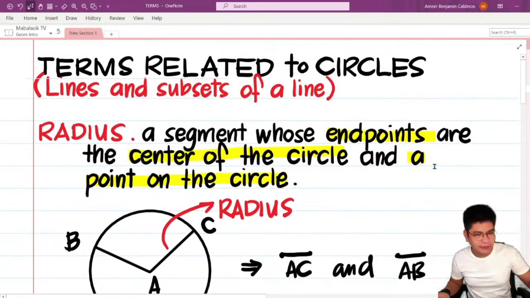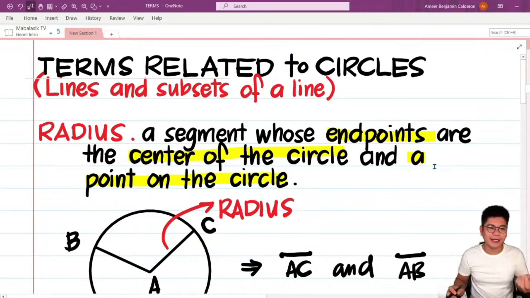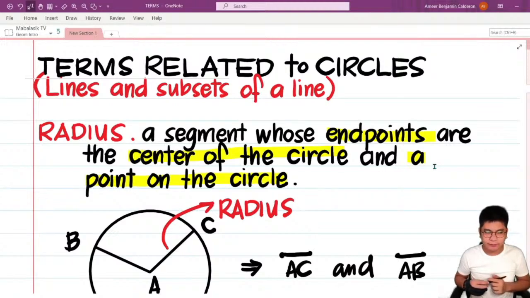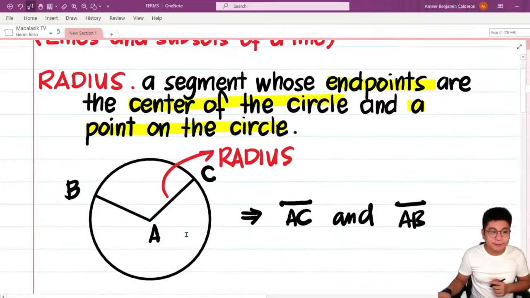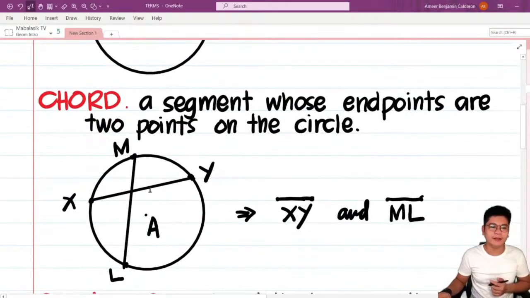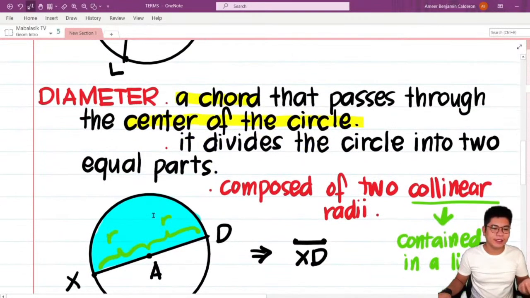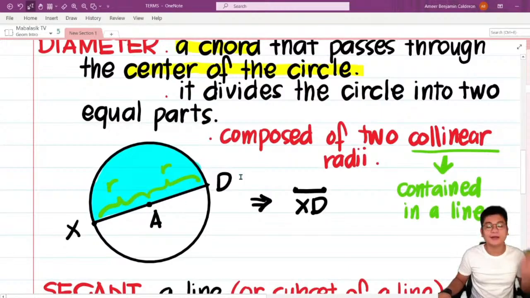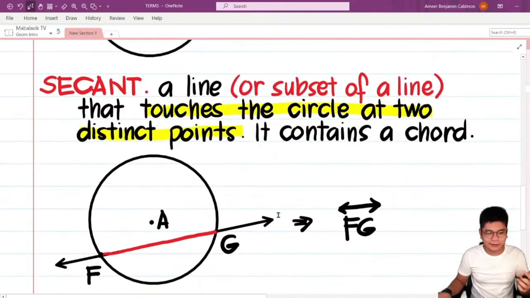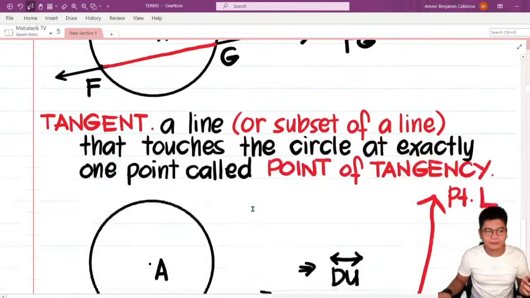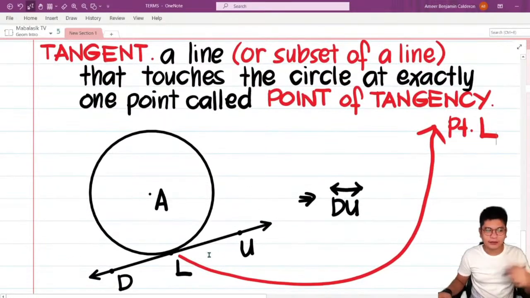So these are the terms related to circles that are lines and subsets of a line. So we have the radius. This is what our radius looks like. We have a chord. This is what it looks like. A diameter. This is what it looks like. A secant right here. And a tangent right there.